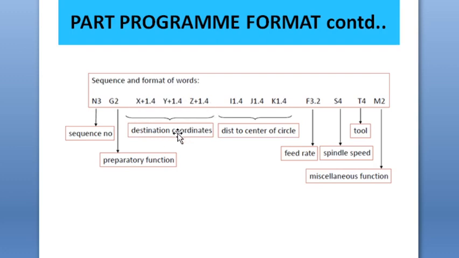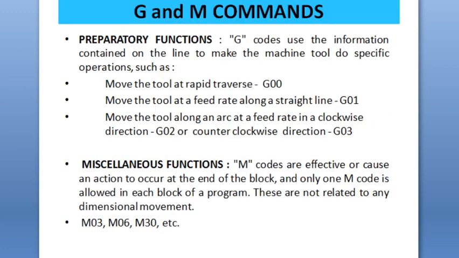X, Y, Z destination coordinates. I, J, K are the distance to the center of the circle. I, J, K represent the center of the circle. F for feed rate, S spindle speed, T tool number, M is a miscellaneous function.